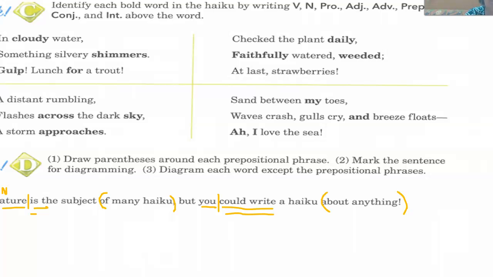So we have 2 different things happening. So how would we draw our lines to do the first part? What would we do for our lines to do the first part? Nature is what? So we have the subject, but nature is what?